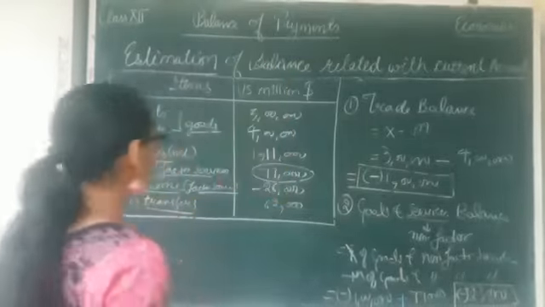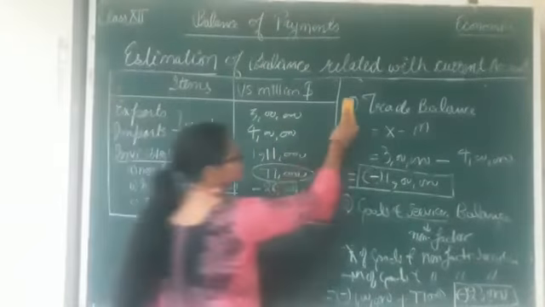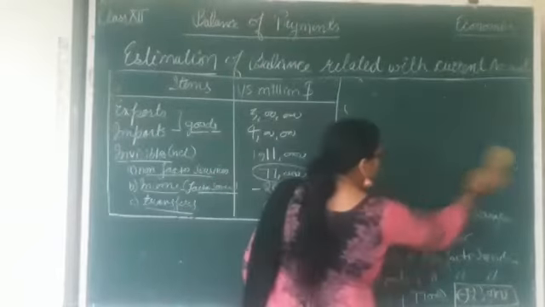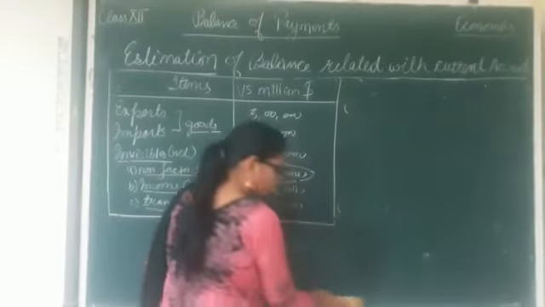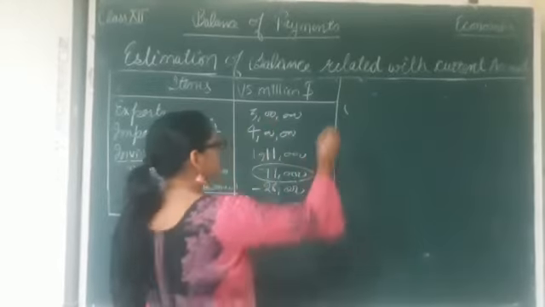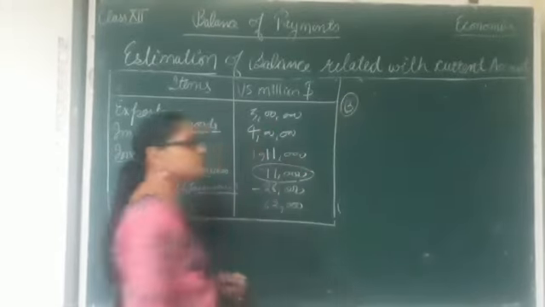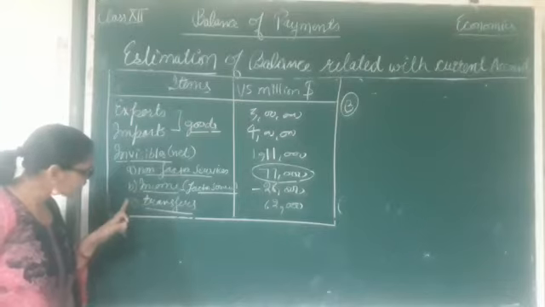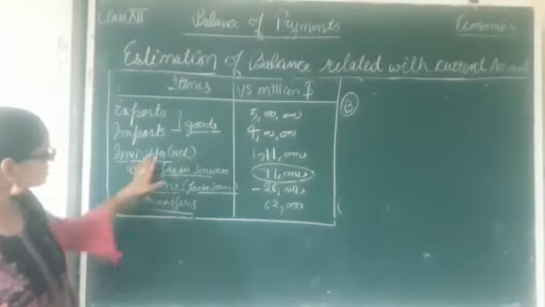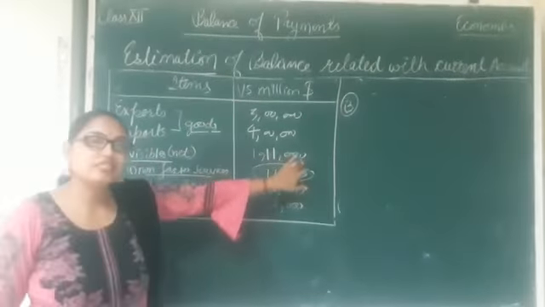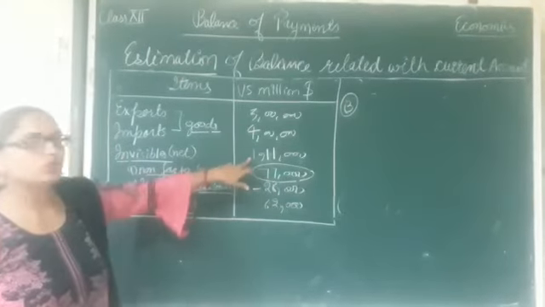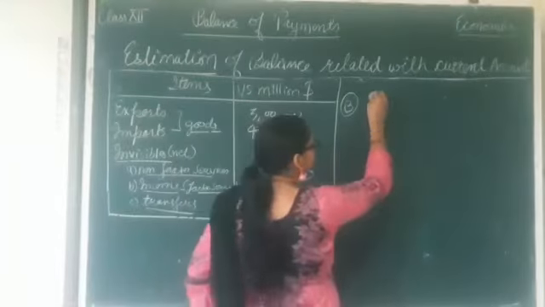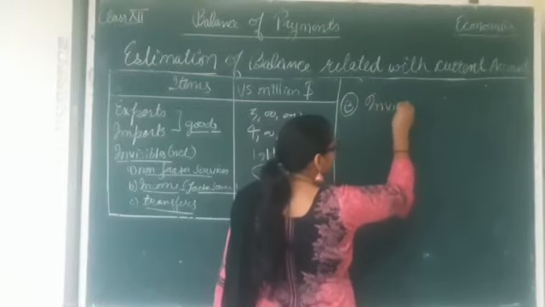Now the next we are going to calculate is the invisible balance. Invisible balance means which includes all services and transfers both. It is already given over here, but still if you need to check it, the balance of all these three should be equal to this. So how are we going to calculate it?